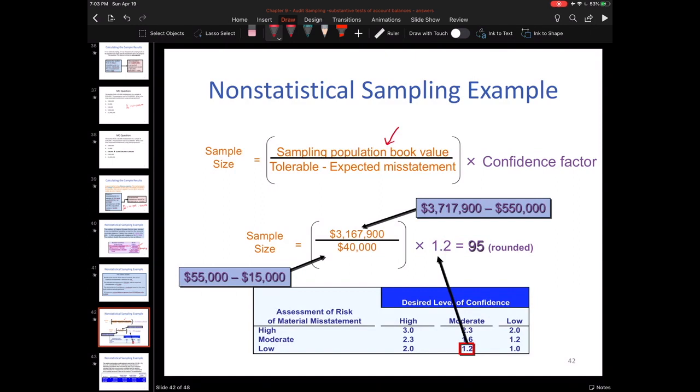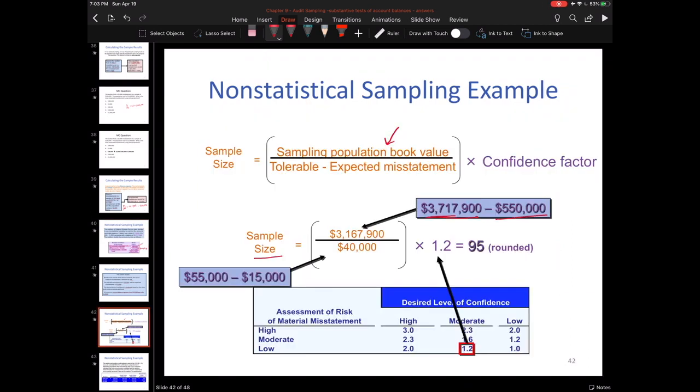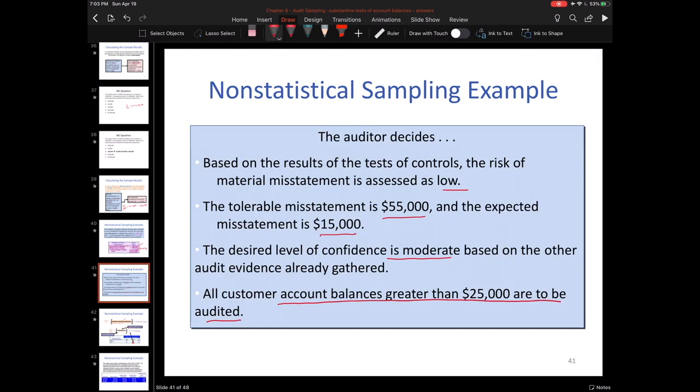Okay? So that's why here, when it's working out this formula, it's actually saying 3.7 less the 550. This 3.7 here less 550. So that's your numerator.